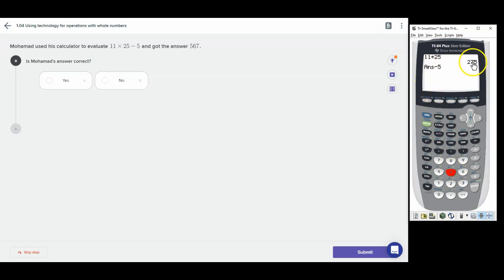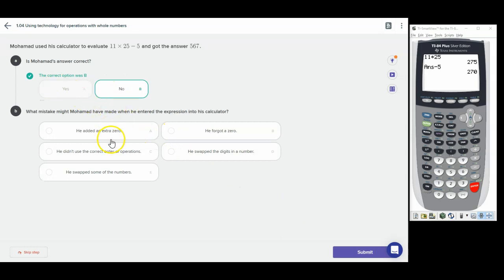So it's saying take the answer from before and take away 5. Again, press my equals or answer, and I get 270. So here, Muhammad got 567, I got 270, so I'm certainly going to say that I think he was incorrect, so I'll say no. And I'll submit my answer, and we can see we got that correct.